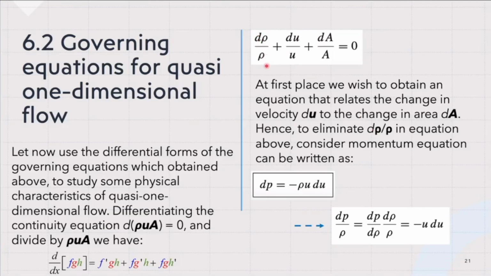Hence, to eliminate the d rho over rho in the equation above, we need to consider the momentum equation, which can be rearranged to get this expression, dp over rho, instead of just dp, equal to negative rho u du. All right. So dp over rho times d rho over rho is exactly this expression.